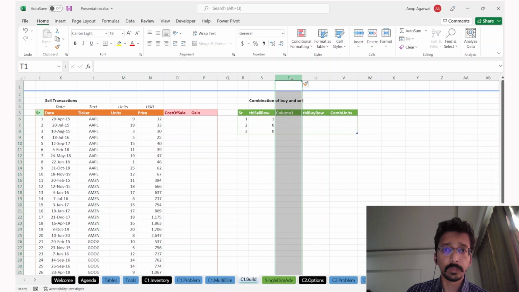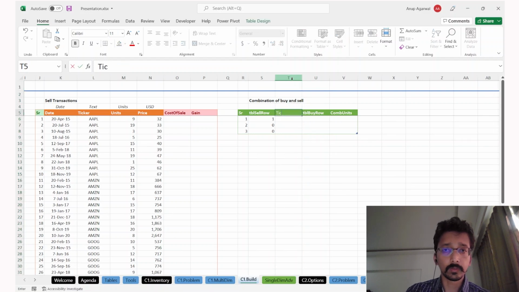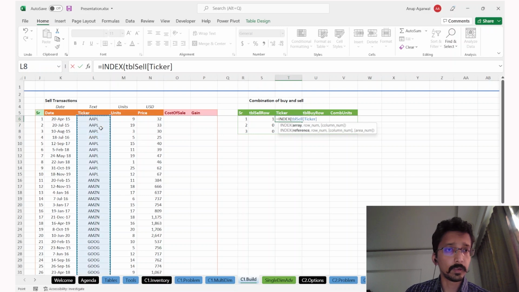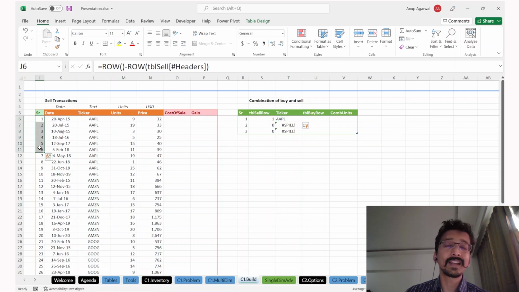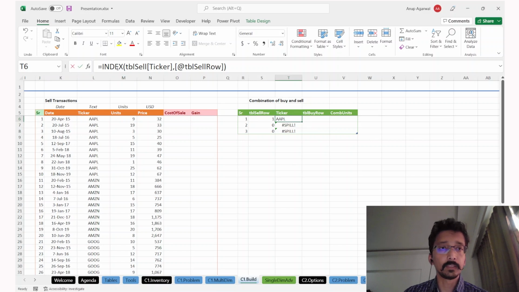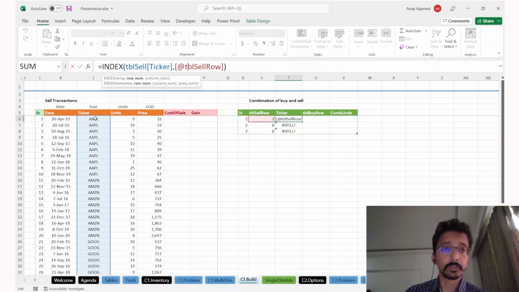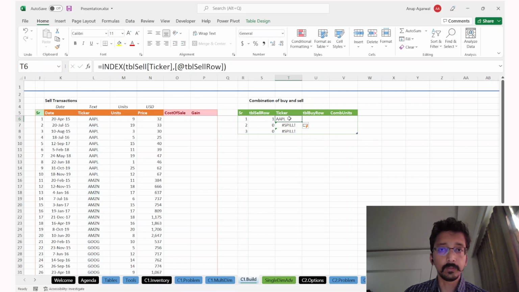I'll add a column over here and call it ticker, and I can now write index of this. This works because the serial numbers are exactly the same as the row numbers. So if I just write an index, the first one picks up the first cell, and it says that the ticker on row 1 is Apple.